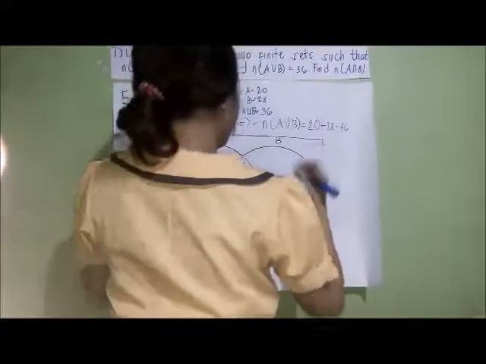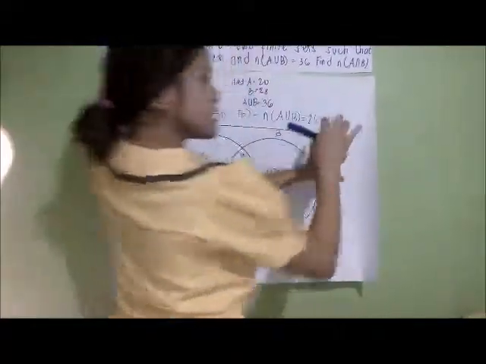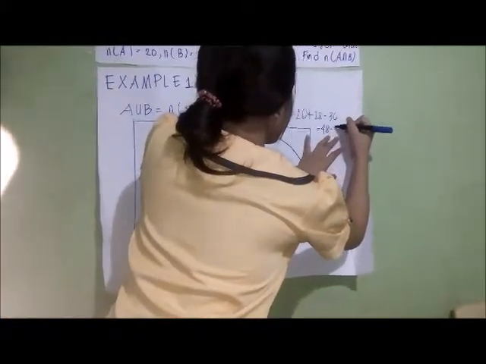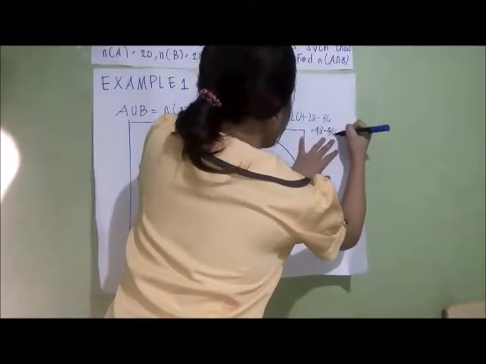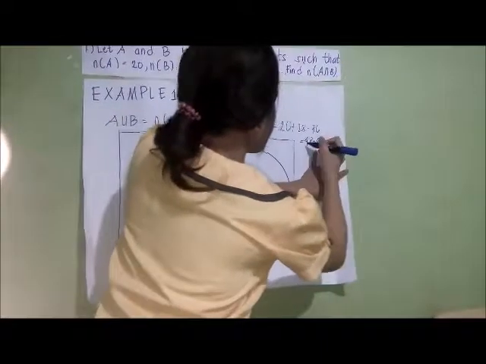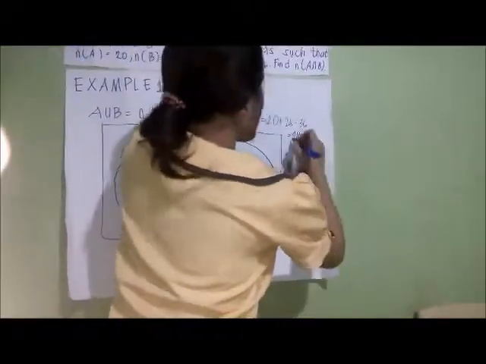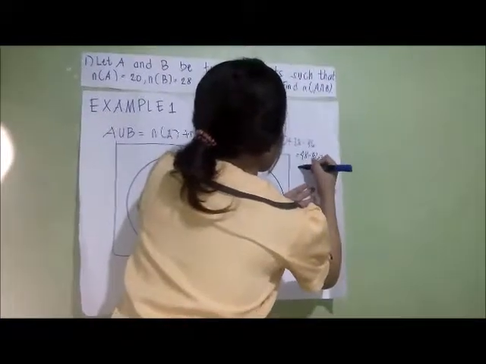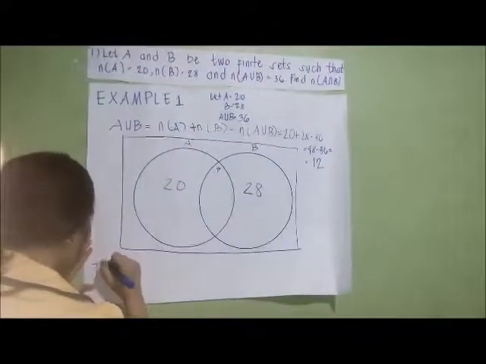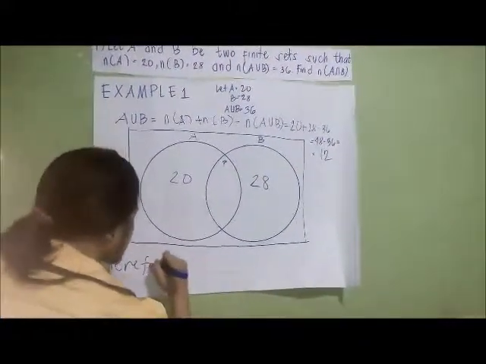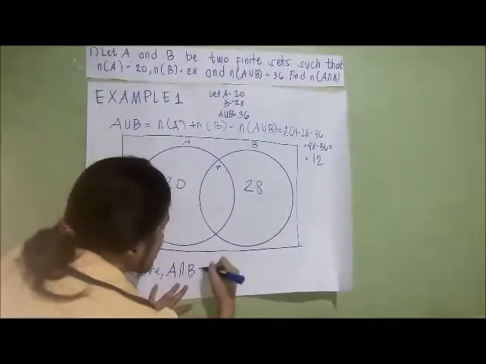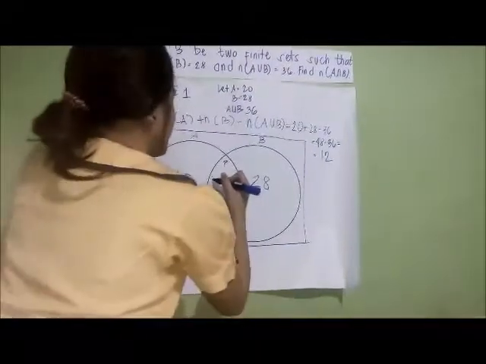So 20 plus 28 is equal to 48, minus 36. So 48 minus 36 is equal to 12. Therefore, the intersection of A and B is equal to 12.